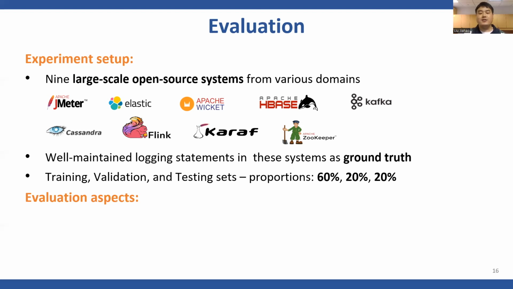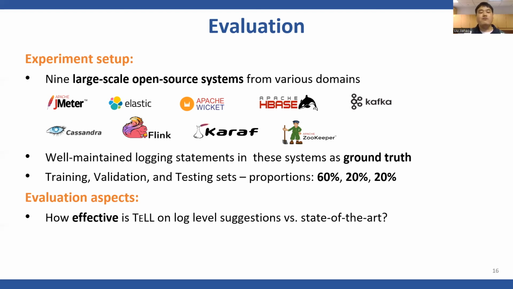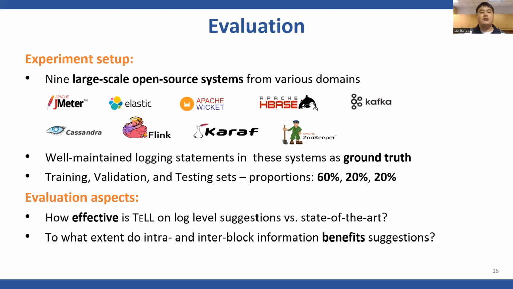And we investigate TEL's performance by answering the following research questions. First, how effective is TEL on log-level suggestions compared with the state-of-the-art? Second, to what extent do intra-block and inter-block information benefit suggestions? Third, how well does TEL suggest log levels across systems?